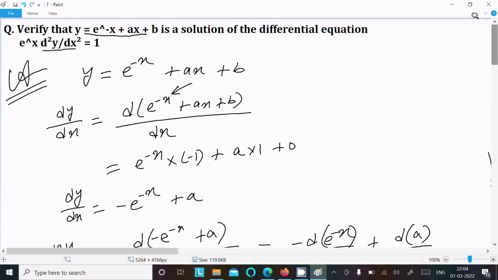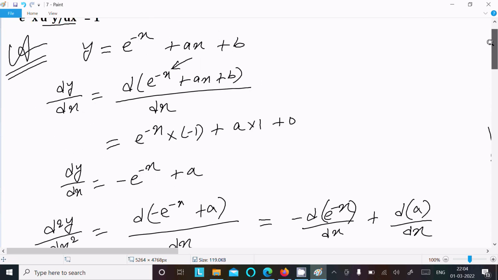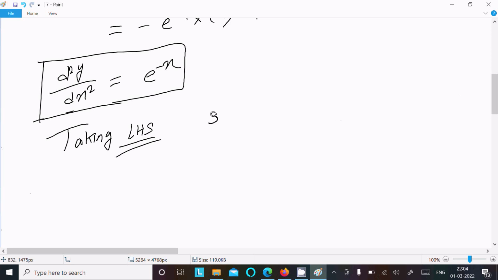Now after that, take the LHS, the left hand side, and make that 1. So on the left hand side, e power x, and here d²y divided by dx².